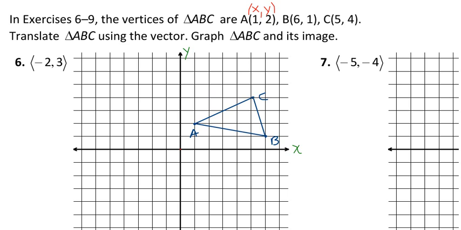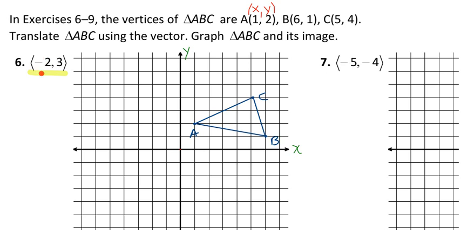So now that we have the pre-image, we're going to draw the image of this triangle ABC using the vector that we're given here, which is this one. The vector is -2, +3. And it's given in component form, and we know that the first number tells us either right or left, depending on the sign.